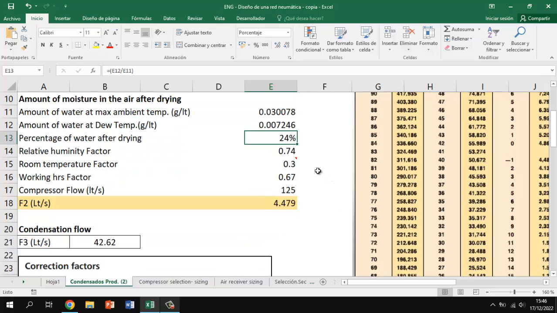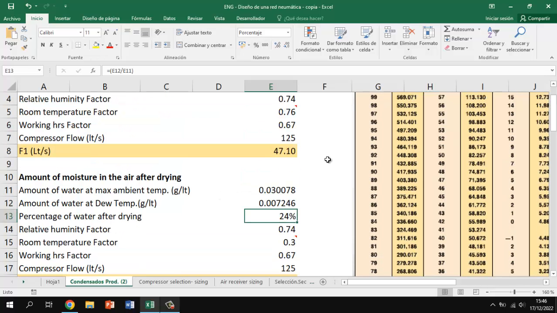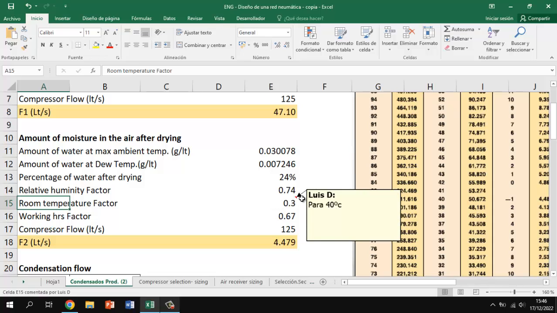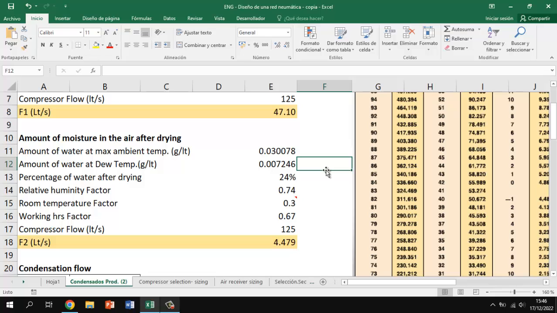Then we have the same condition, but the difference is in the room temperature factor. It's the same for relative humidity, the same for working hours, the same for our compressor flow, and the difference here is the room temperature. I put it here in Spanish, but this should be for 40 degrees.